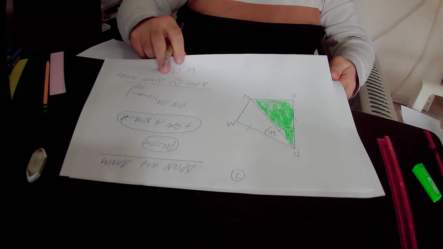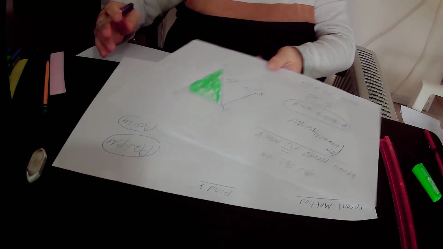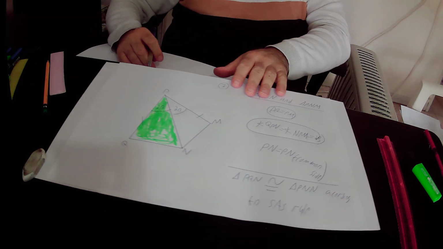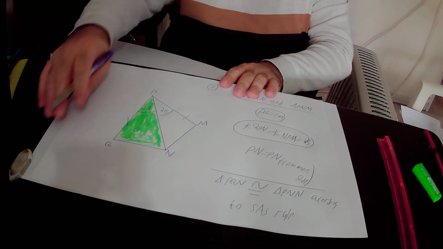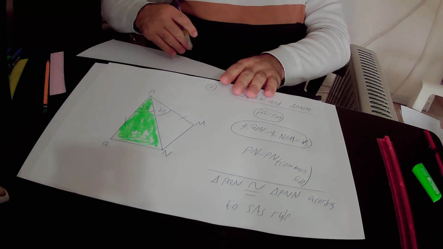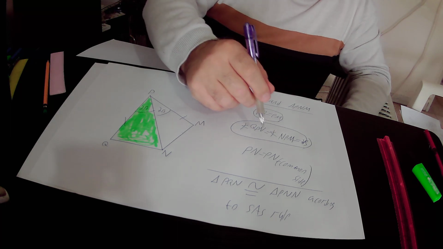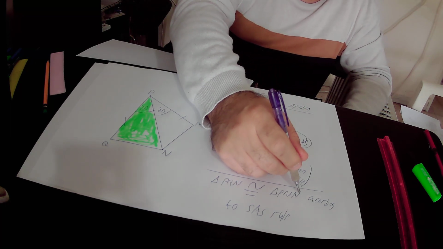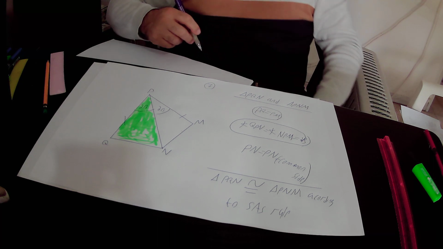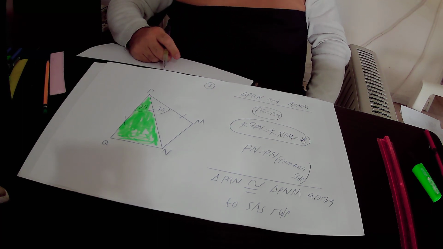I will repeat again. We proved that the green triangle, triangle PQN, can go into the white triangle, triangle PNM, according to the side angle side rule.